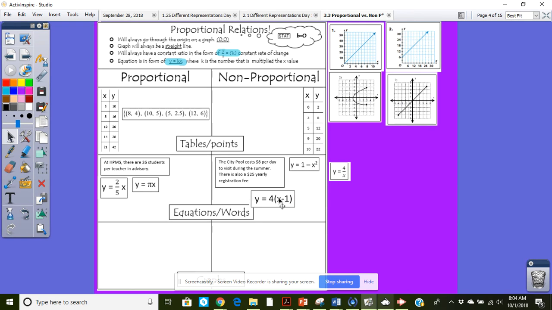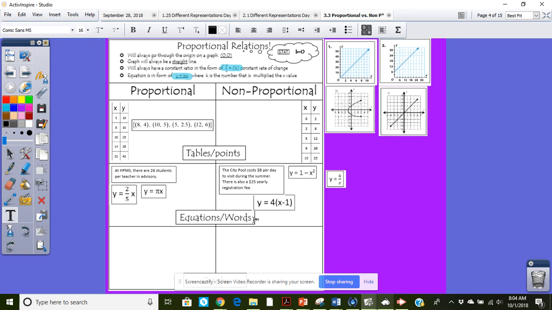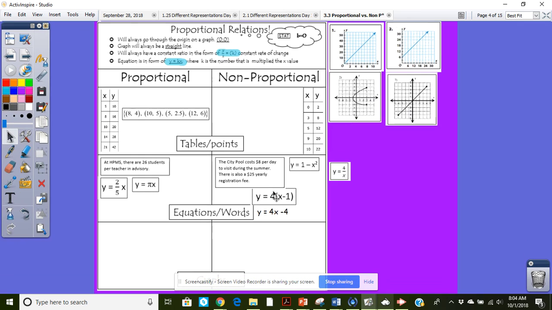If you look at this one, y equals 4 times (x minus 1), if you distribute, you would get y equals 4x minus 4. So again, something is being subtracted at the end of that one. And then finally, y equals 4 divided by x.